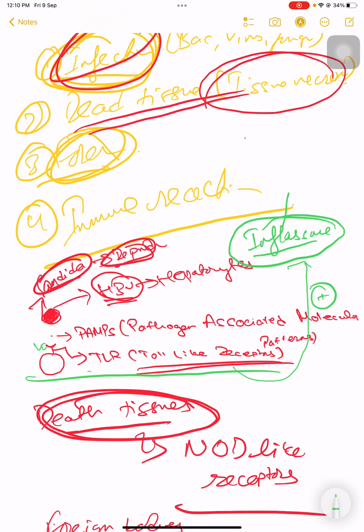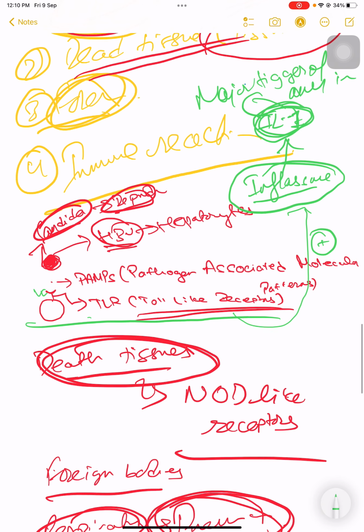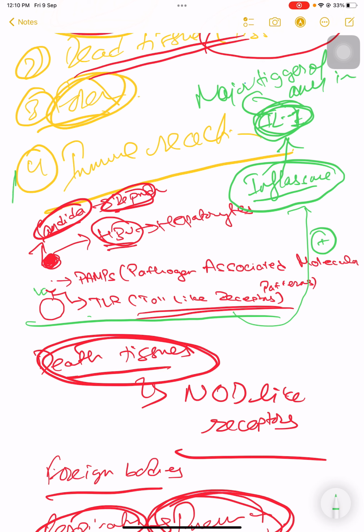After the triggering of the inflammasome pathway, it will trigger the release of interleukin-1, and this interleukin-1 is the major trigger of any inflammation. Are you getting this point? So what did I tell you? The pathogen-associated molecular patterns are detected by the Toll-like receptors, the inflammasome will detect it, then interleukin-1, and this is the major trigger of any kind of inflammation.